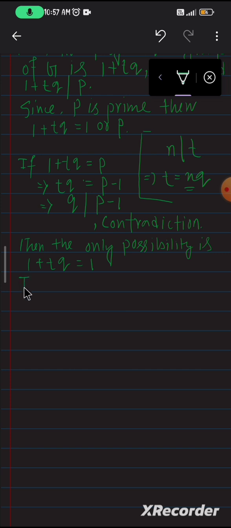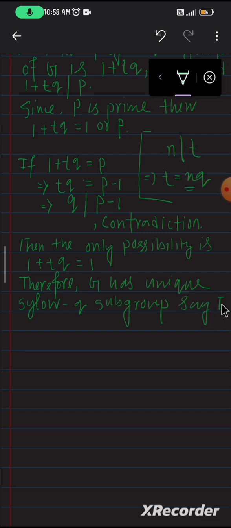So therefore G has a unique Sylow Q subgroup, say T, of order Q, and T is normal in G, because T is unique, and we know a result that if a subgroup is unique in G, then it is a normal subgroup of G. So T is normal in G. Okay.